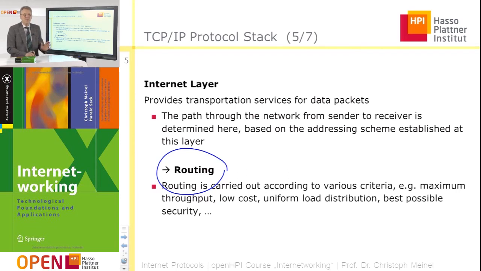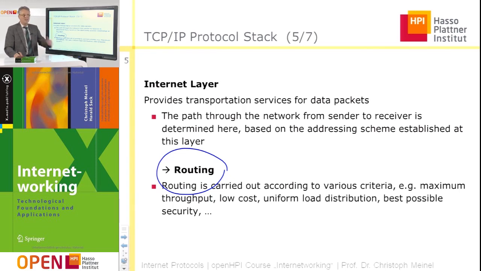And that's not easy. I mentioned already that the different networks are usually incompatible. There are different addressing schemes, very different transmission protocols, different packet lengths and other things. So to organize that it is possible to send a packet through the different interconnected networks, this is the task of routing.